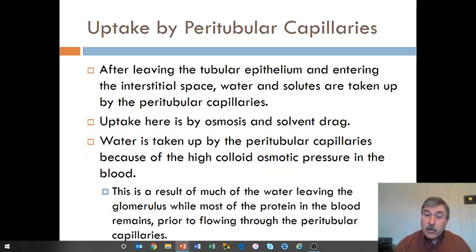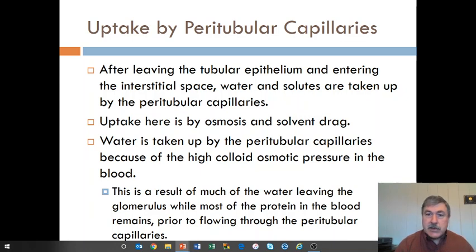Also, electrolytes like sodium and potassium are taken up just by simple diffusion because, again, much of the sodium and potassium was filtered in the glomerulus. And so the concentration of sodium and potassium in the blood in the peritubular capillaries is lower than in the other blood vessels of the body.